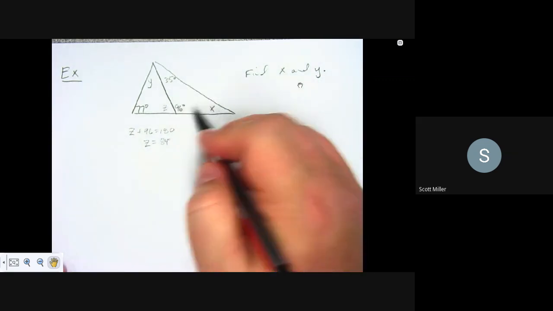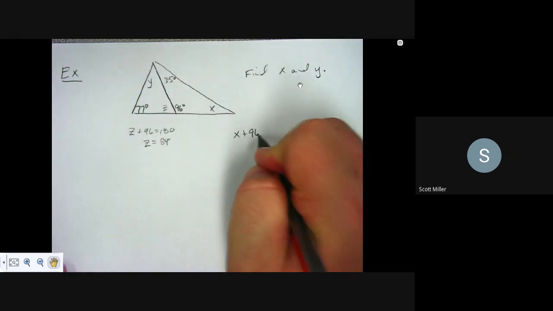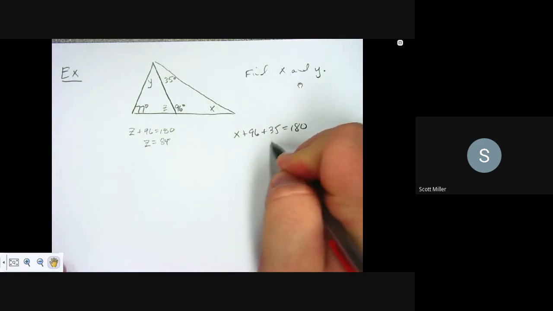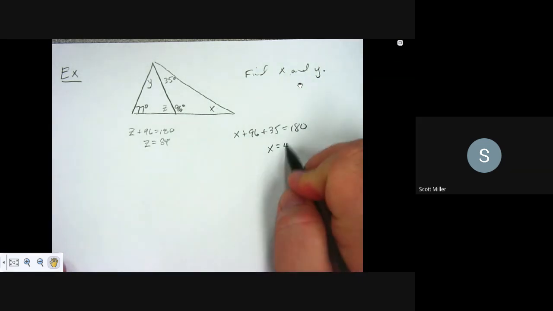Because these 3 angles must add up to be 180, I know that x plus 96 plus 35 equals 180. And so then I can subtract these from 180 and get x equals 49 degrees.